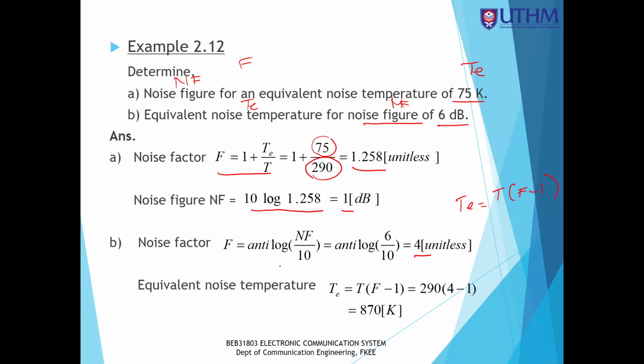From here you get F, and then you can find TE. TE is equal to T multiplied by F minus 1. So you get 290 multiplied by 4 minus 1, which gives 870 Kelvin.